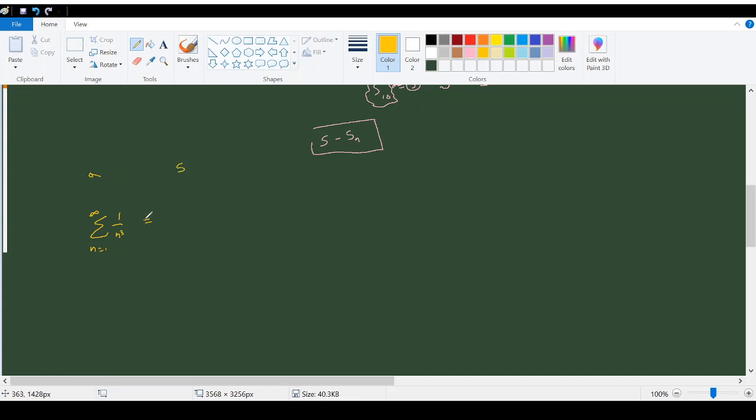But if we say that the series is approximately equal to S10, then there will be an error between this one and the actual answer. That error is denoted by Rn, or we call this the remainder.